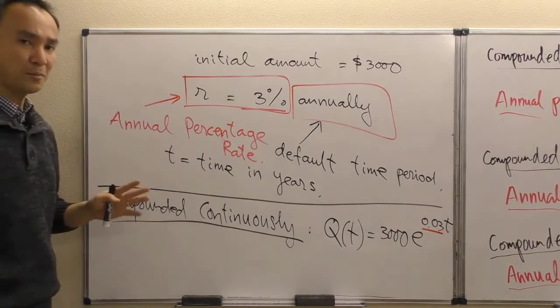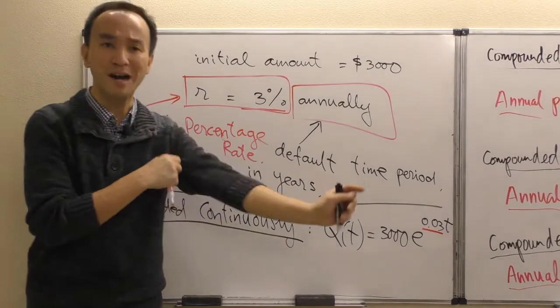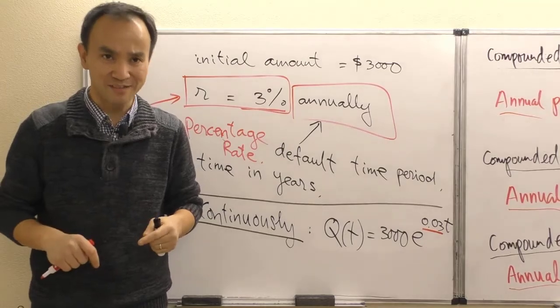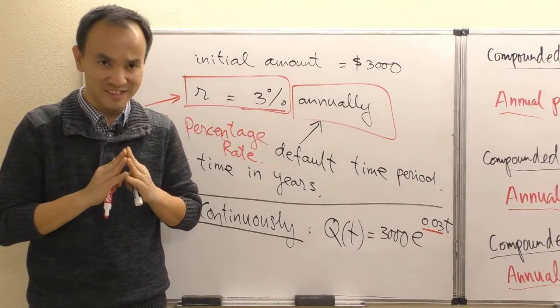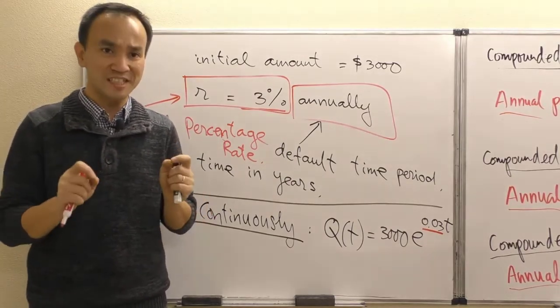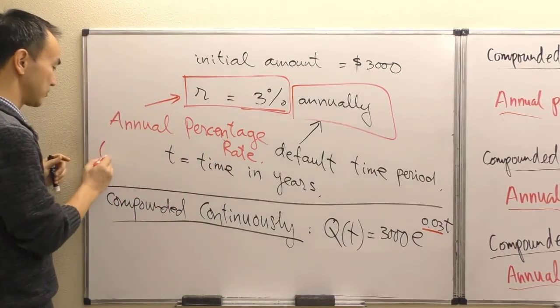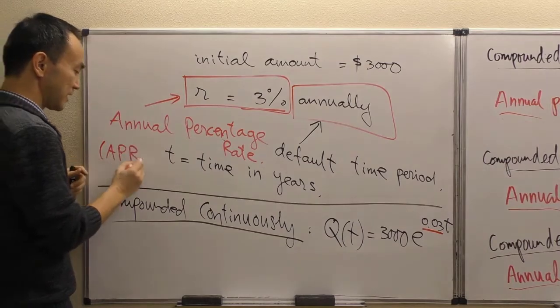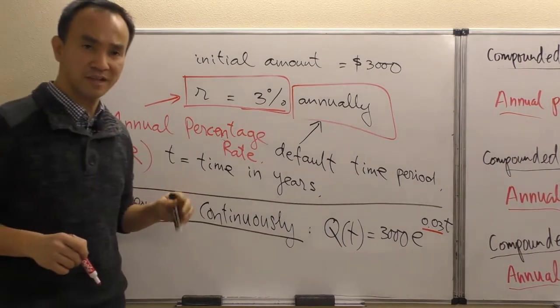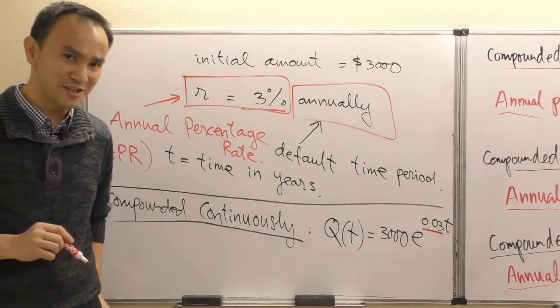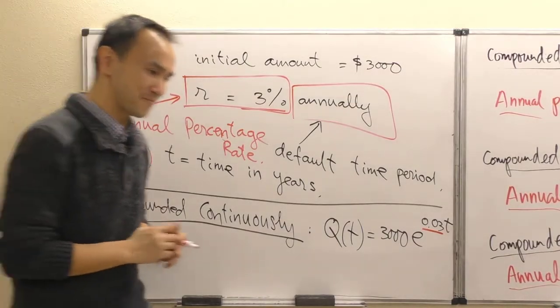At this point, I have to make it clear. A lot of times, when anyone is a beginner in financial math, there's a high chance that you mix up the two, because annual percentage rate is referred to as APR. A lot of times these two, the APR and APY, are confused together.